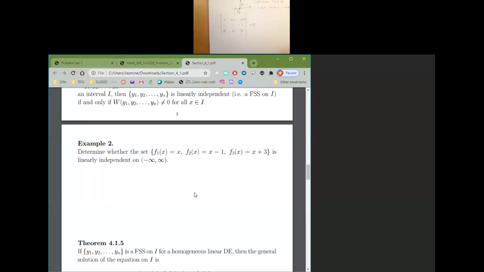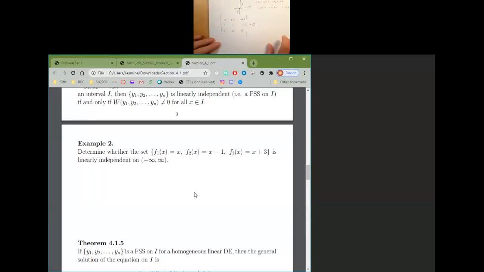So if you have a 0 Wronskian, let's see, that's not the way this goes. Zero Wronskian implies dependent, and so an independent set will imply non-zero Wronskian.